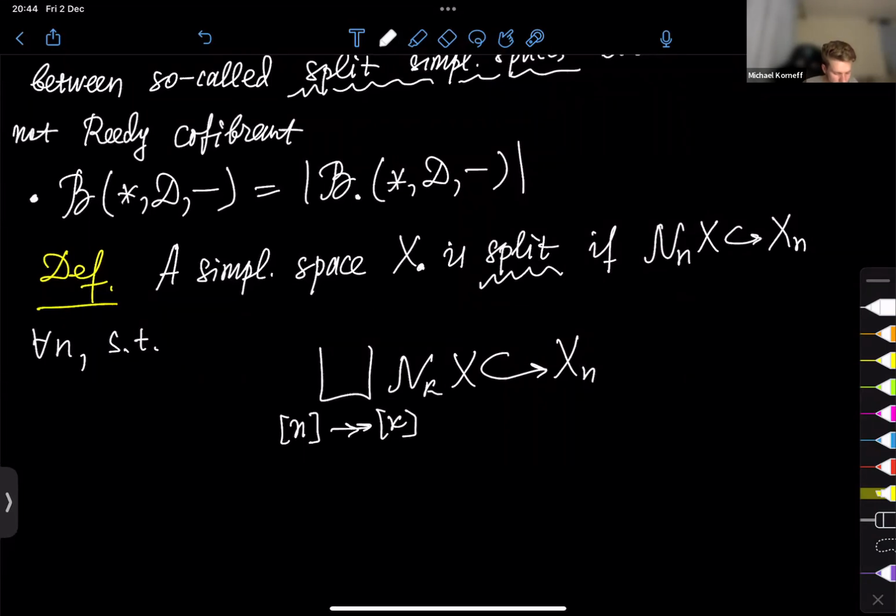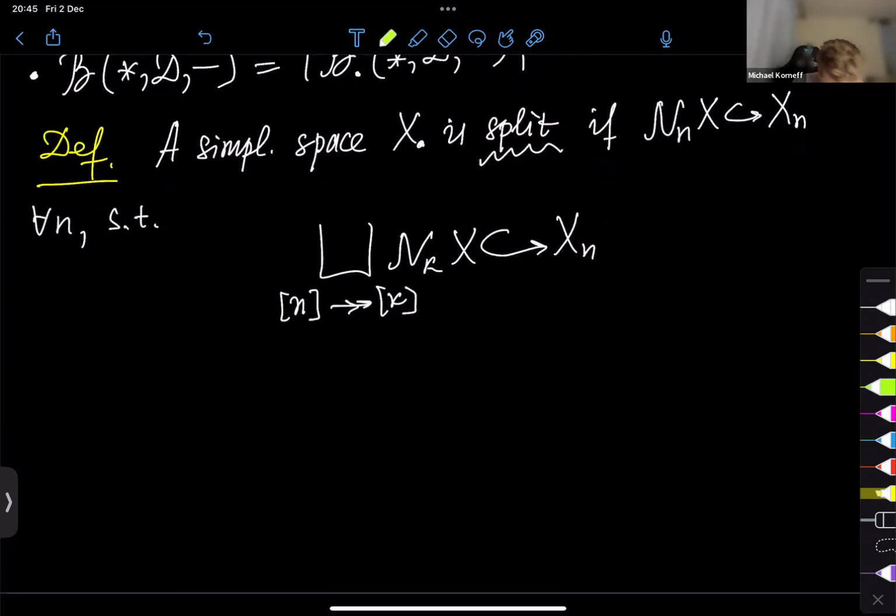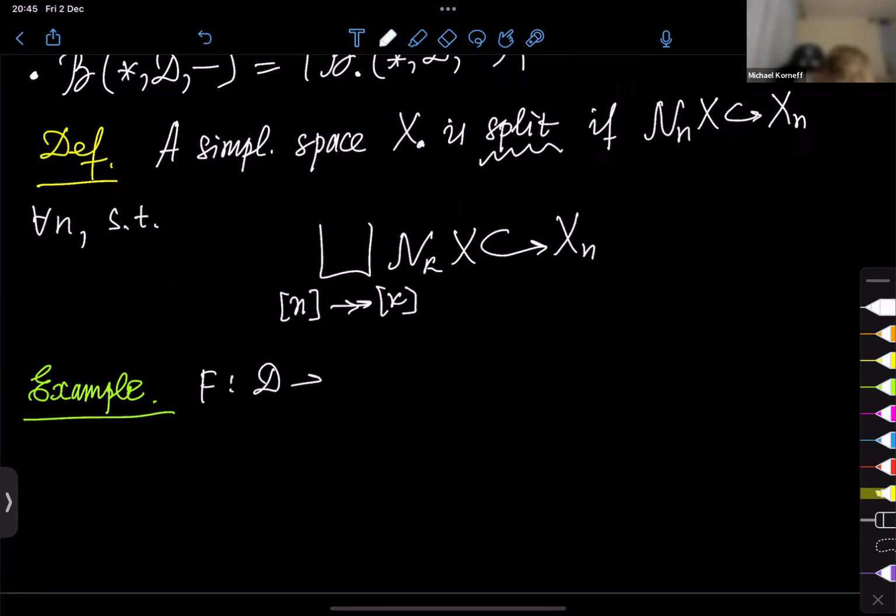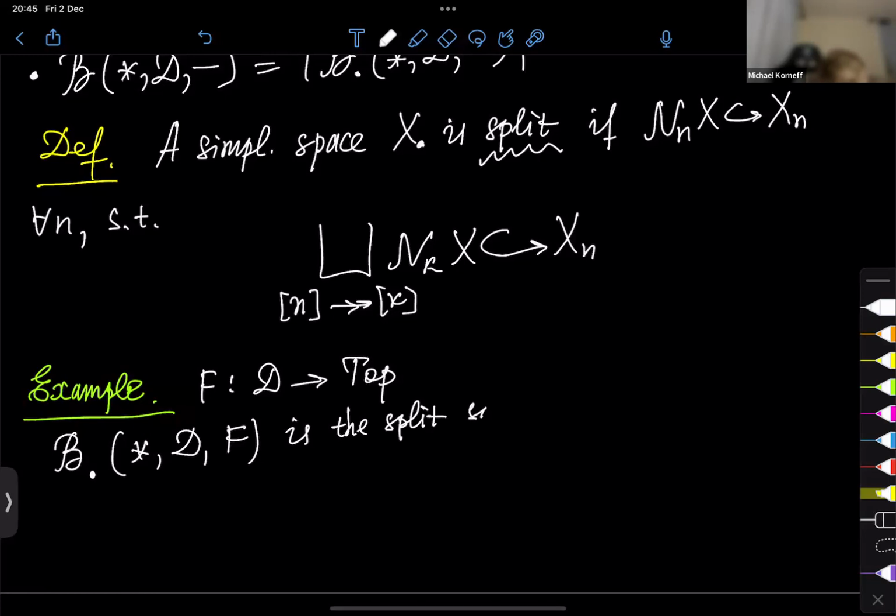So in the case of the bar complex, let me give an example. If we have a diagram from D to Top, the simplicial space is a split simplicial space, and what is the reason?